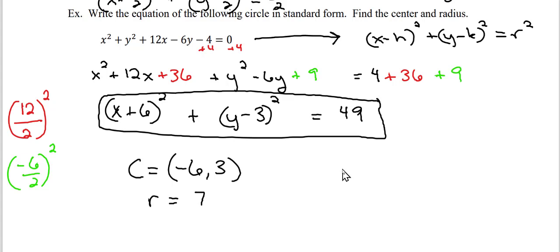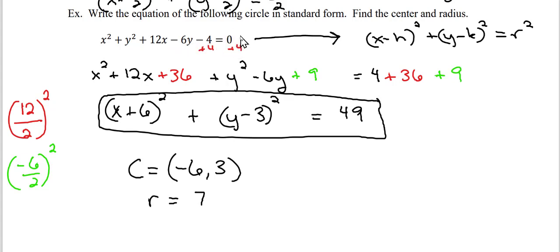The way I know this is a circle is because I have both x squared and y squared with their coefficients being equal and the same sign. They both have to be positive. If they're both negative, I can divide by a -1, and that's okay, right?